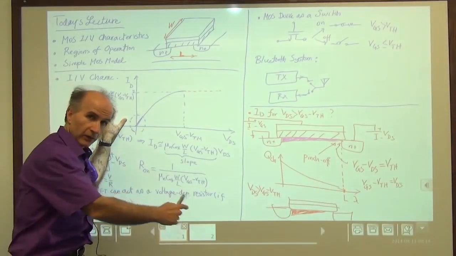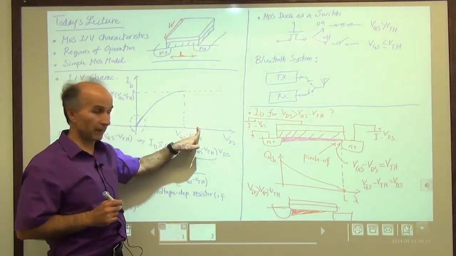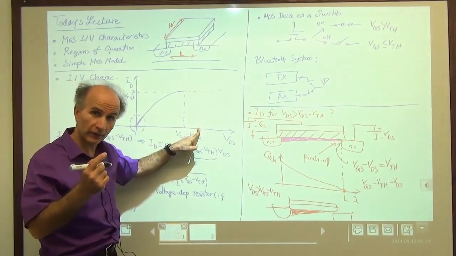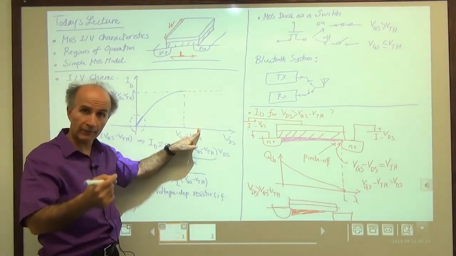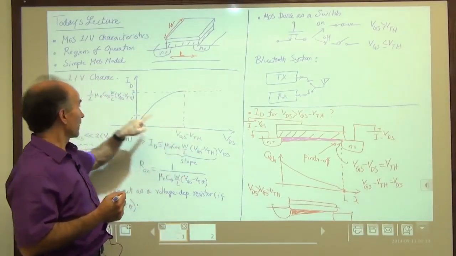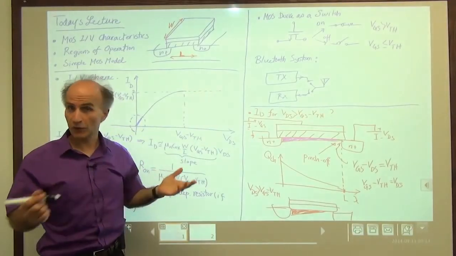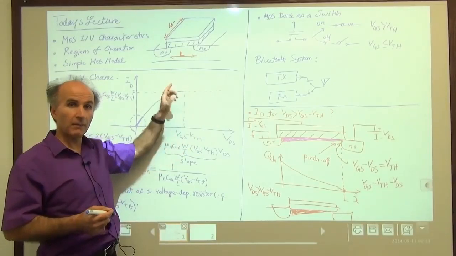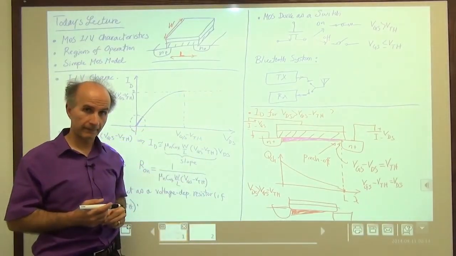And then our recent derivation shows that once VDS exceeds this level and we have pinch-off, we have a constant drain current, equal to 1/2 of mu n C ox W over L (VGS minus VTH) squared. Same thing as this. So it just has to stay constant. Fortunately, there's no discontinuity right here. The value we predicted over here matches the value at this peak. So from here on, it stays constant.